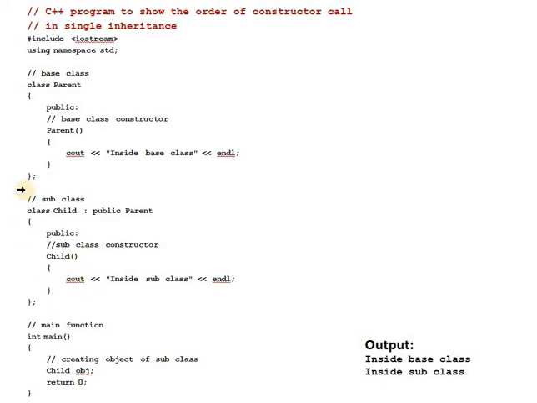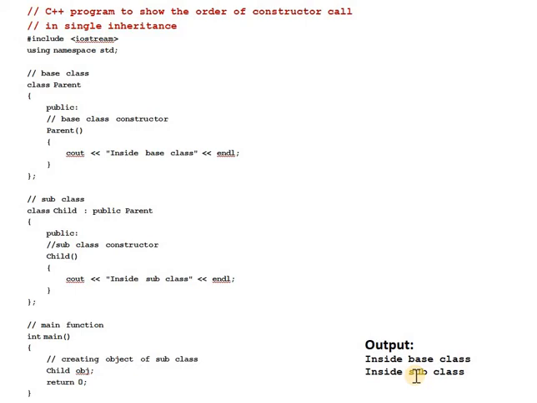When you execute this program, you will get the output: first it will display the message 'inside the base class', and then the message 'inside the subclass'. First, the constructor of the base class is called, which simply displays a message, so it will display 'inside a base class'. Second, the child constructor will be called, which displays the message 'inside a subclass'.